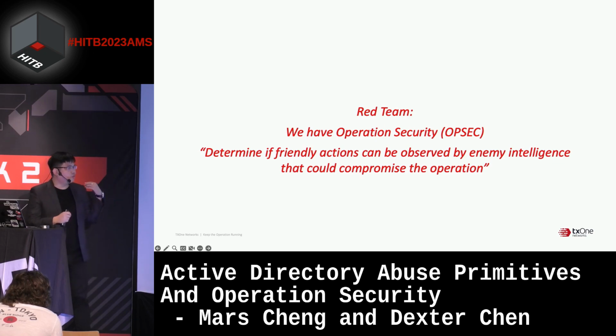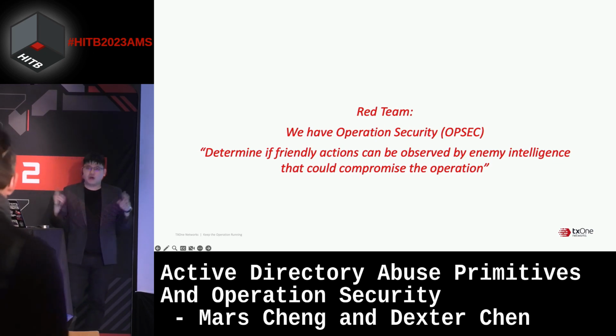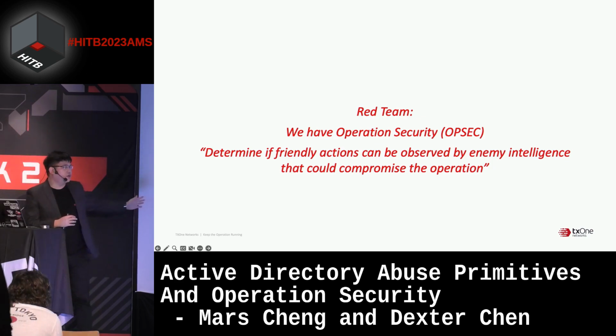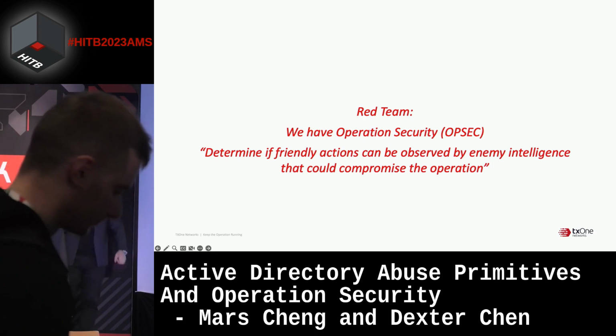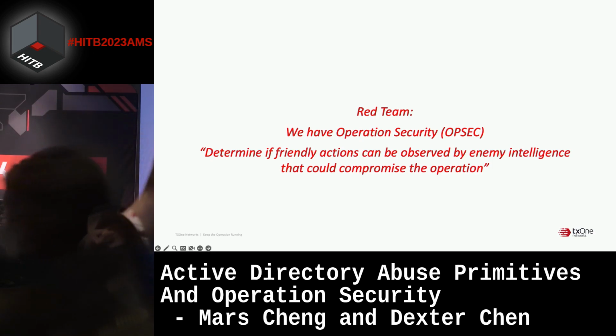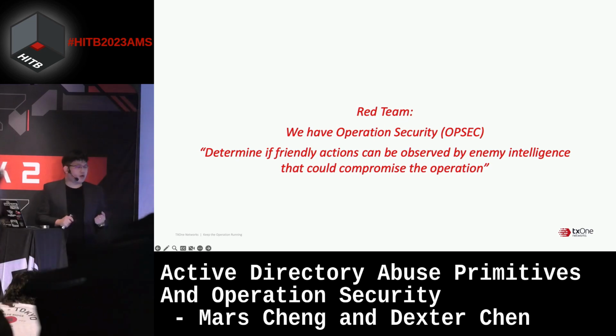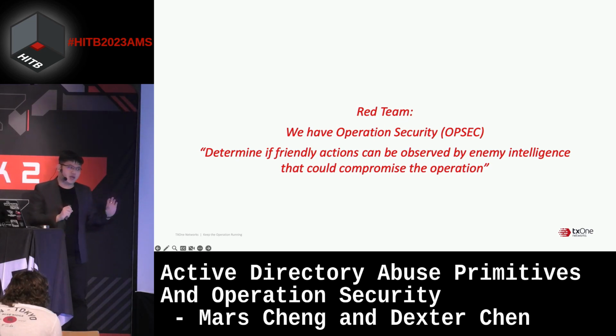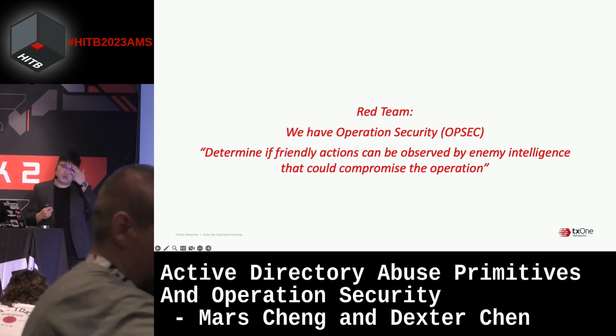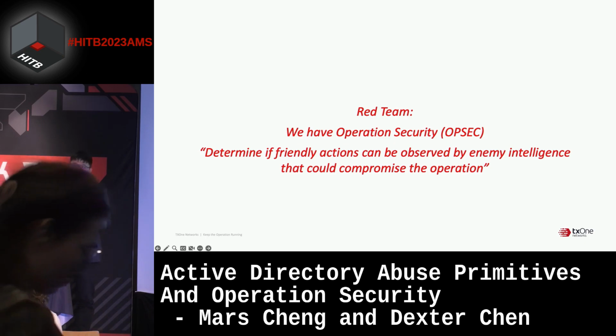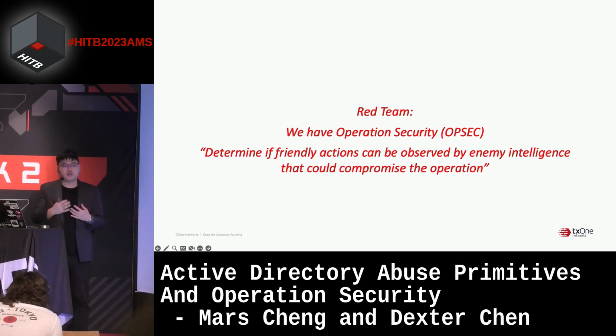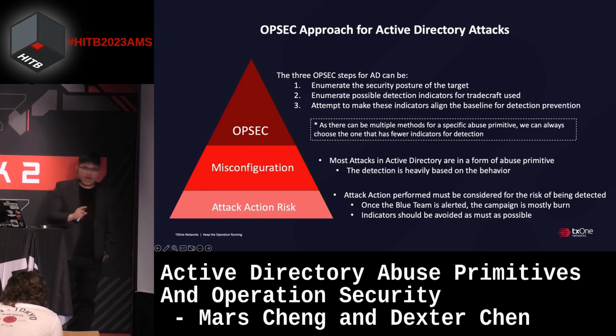That is why we have operation security. The key definition is that we determine whether friendly actions can be observed by enemy intelligence in a way that can compromise the operations. We want to find ways to defeat those detection or prevention mechanisms. So we apply the OpSec approach to Active Directory.